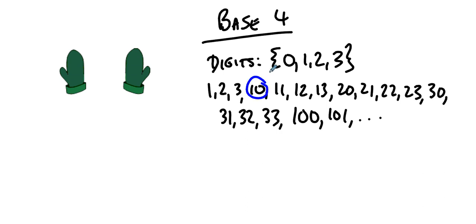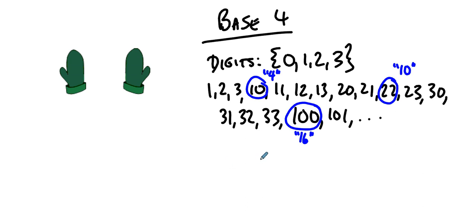So this is the number that we would call 4. And this is the number that we would call 10, but they call 2-2. This is the number that we would call 16, but they wouldn't. They would call it 100. So what are the place values in this base?